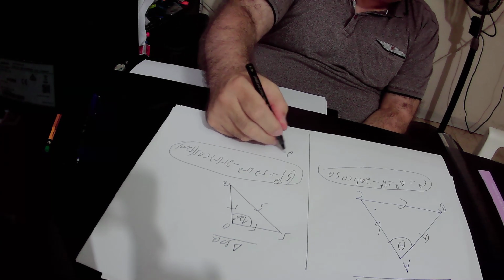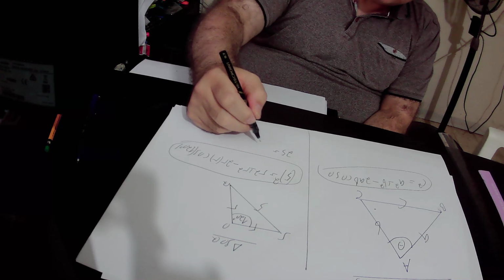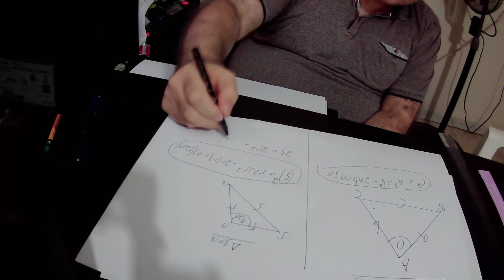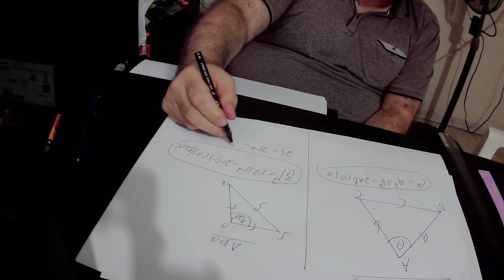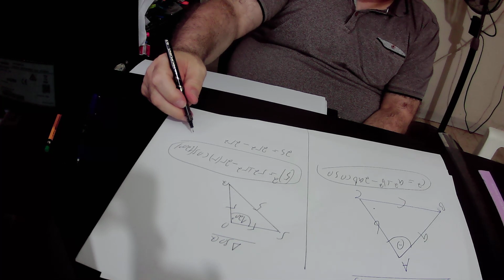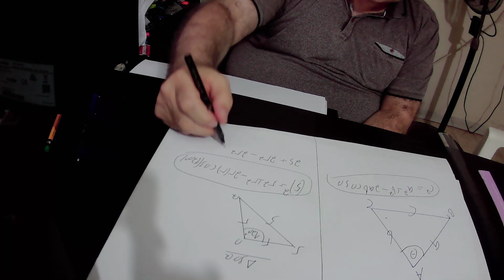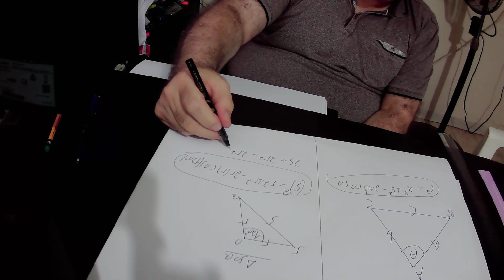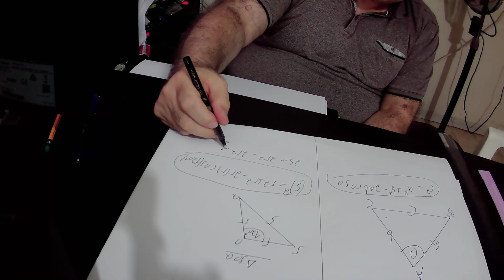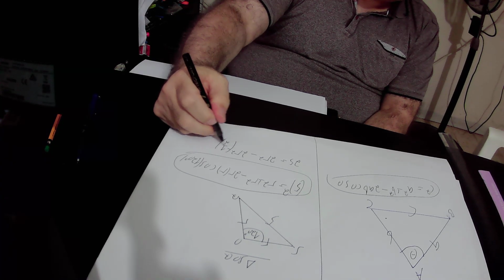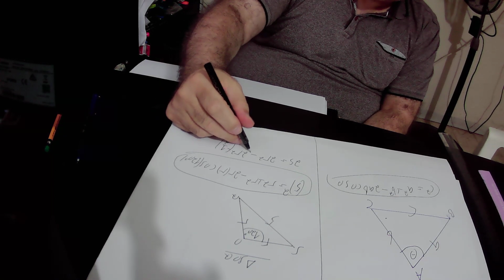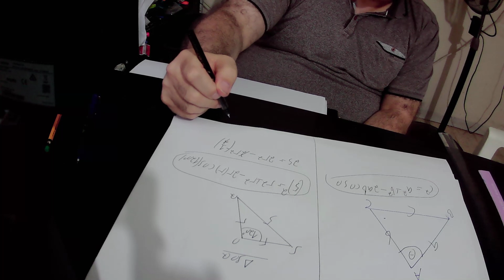5 squared is 25. That is equal to R squared plus R squared, which is 2R squared, minus 2R squared times cosine 120 degrees. Cosine 120 degrees is minus 1 over 2. So here we have 2 in the numerator and 2 in the denominator, so the 2s get cancelled.